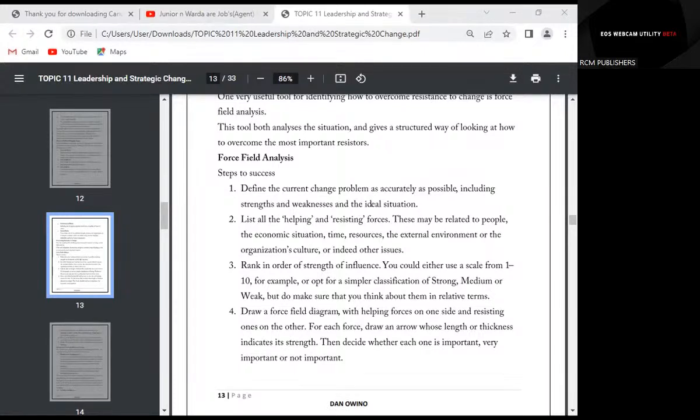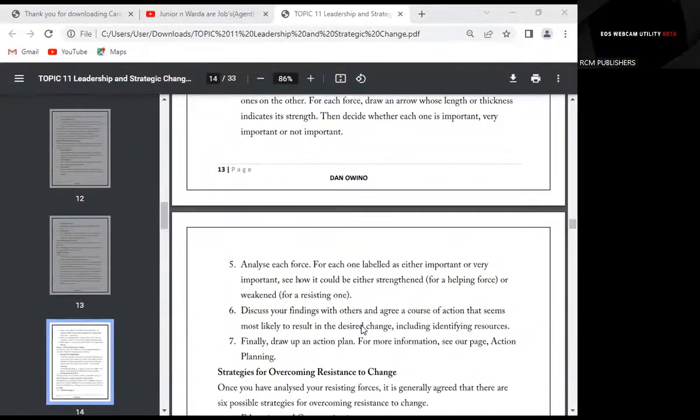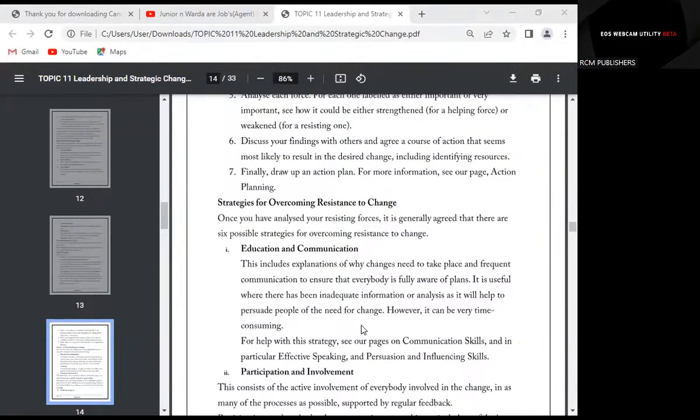Then we have the restraining forces, which are opposing, like lack of skills, loss of jobs, cost, etc. These can be some of the restraining forces. So that's how the force field analysis is used. Just identify the driving forces, then the restraining forces. That's what is important for us to know on using the force field analysis.